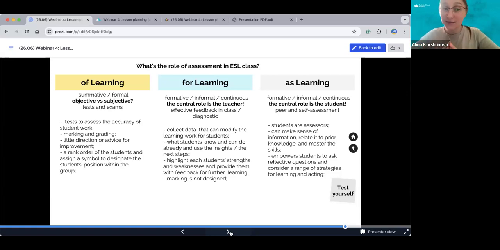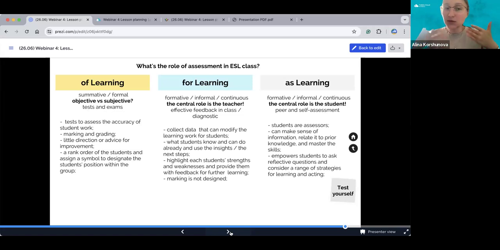If we talk about assessment of learning, probably we talk about some formal and summative tests like exams. Students receive a mark for such a test, and we give that mark to their parents if we're working with kids, or if we work with adults, they also receive some mark, some symbol that shows their position within the group, or how well they can do at this or that level.